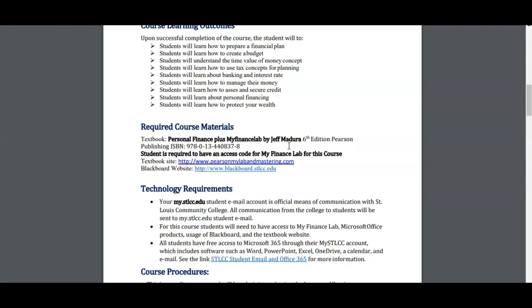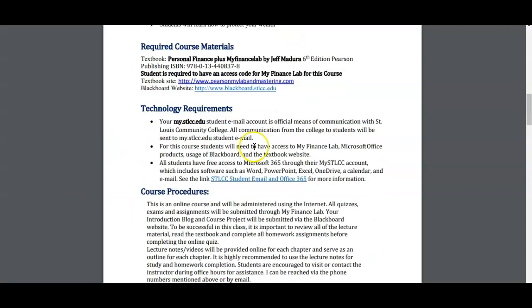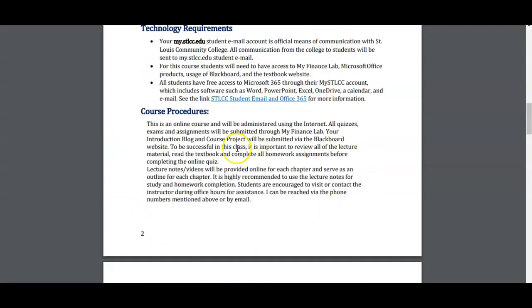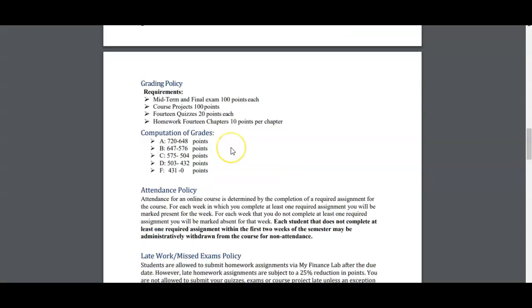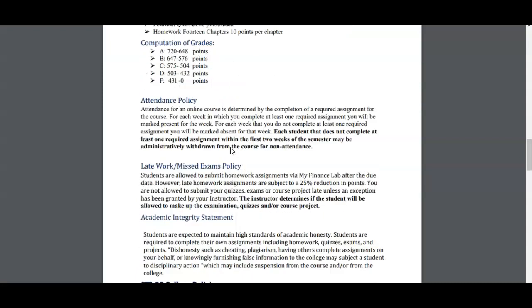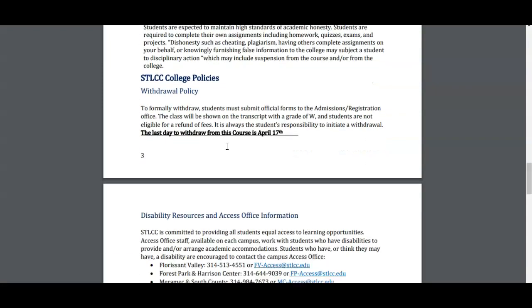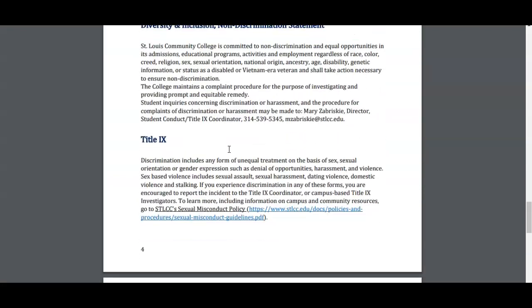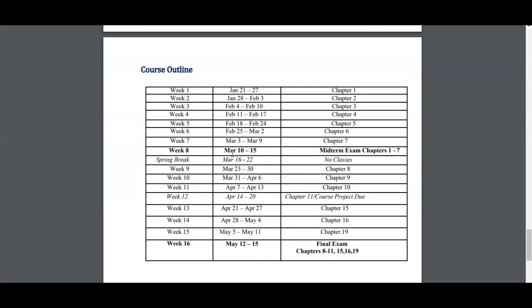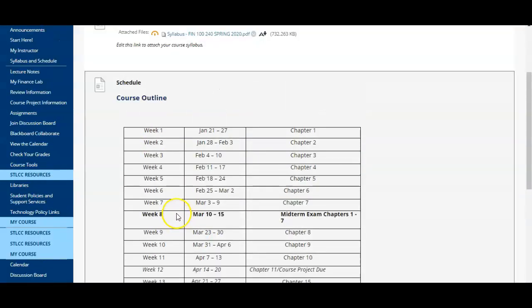Because as you'll see, all of our homework assignments, the quiz exams will be administered using the My Finance Lab software. Okay? And we'll discuss that a little bit more in detail. But review all the information on the syllabus, course procedures, grading policy, attendance policy, withdrawal policy, etc. Be sure to review all of the information presented here on the actual course syllabus.